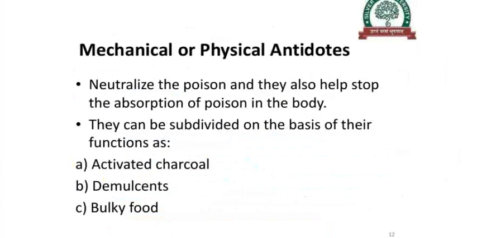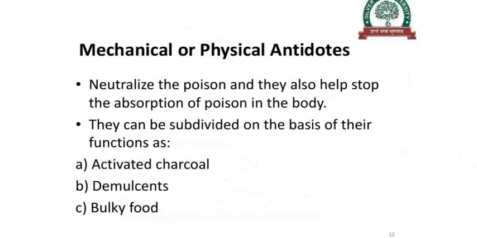Physical or mechanical antidotes are named such because they don't produce any chemical or reactive action in the body. They act by physical phenomena like adsorption, covering up, and forming a lining. So they are not reacting chemically with the tissues or with the poison.